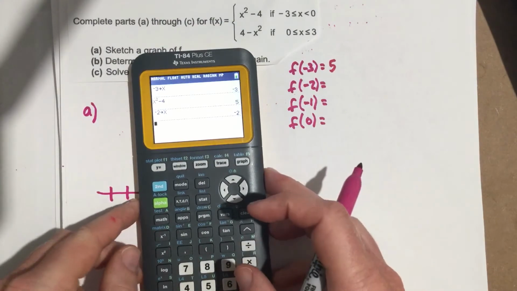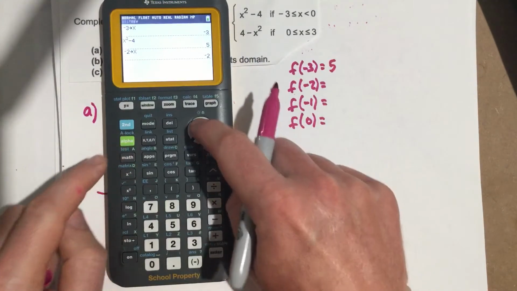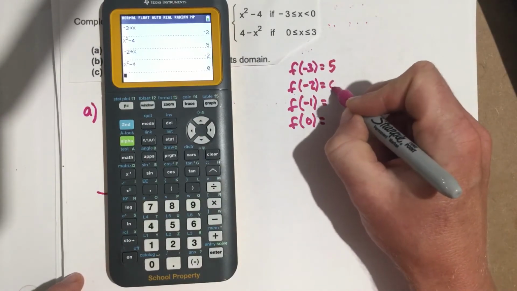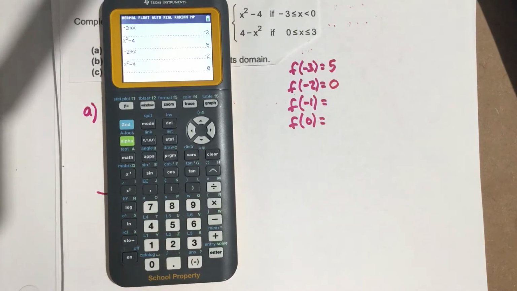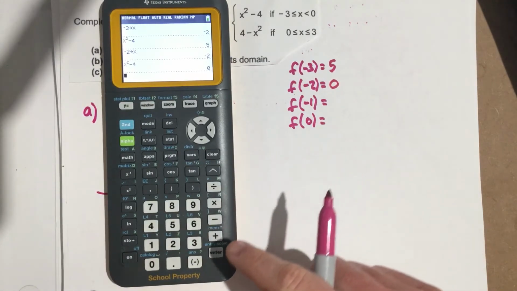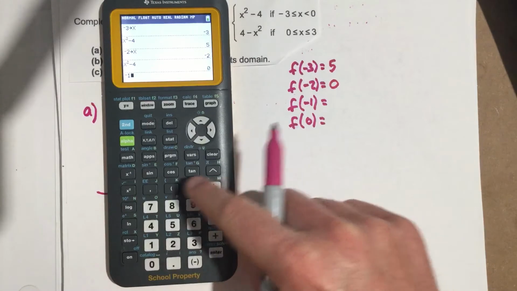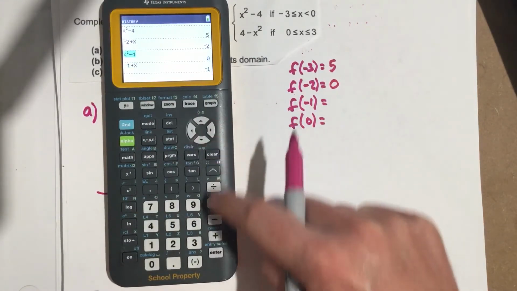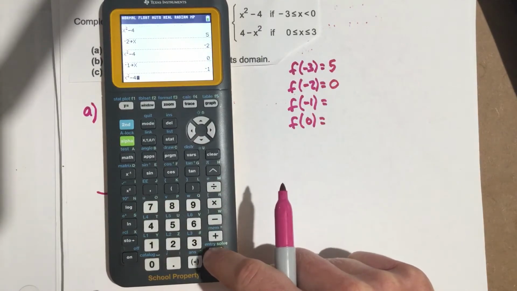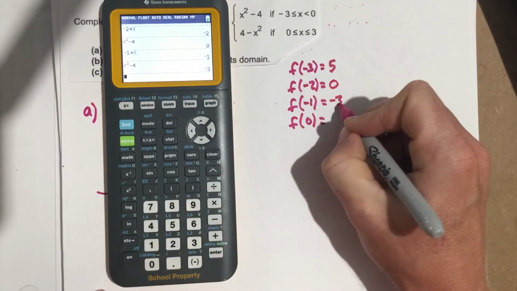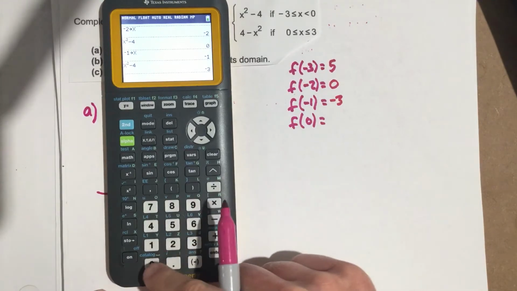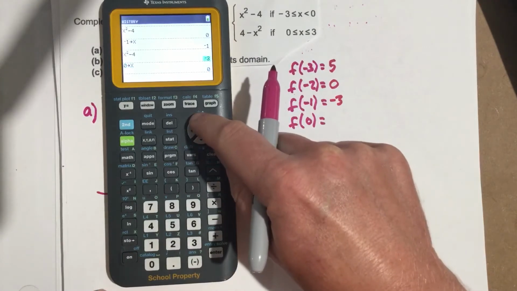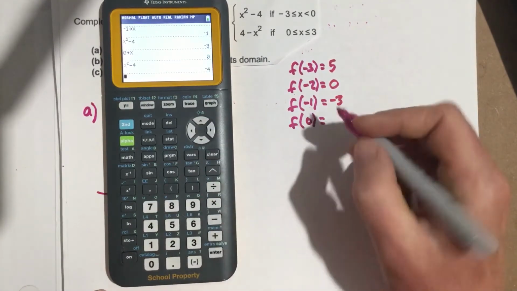And then plug this in. Grab that function. That's 0. And then I'm going to plug in -1, store it as x, grab the function again, it's -3, and finally I'm going to grab 0, so 0, store it as x, grab that one last time, and I get -4.